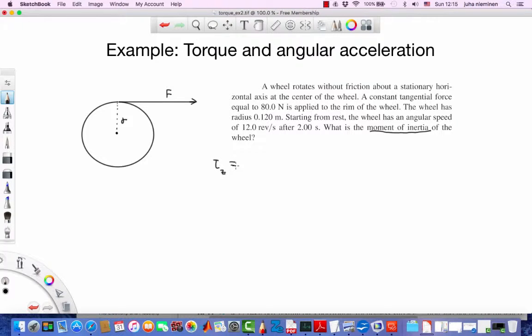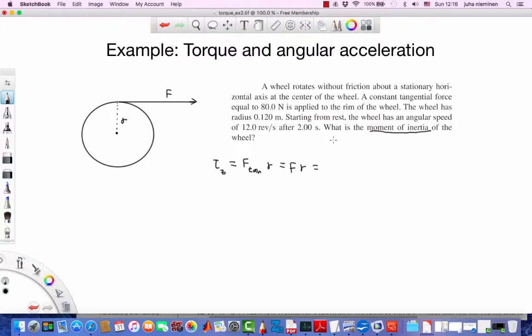And that is, in this case, when the force is completely tangential, F tangential, and then the distance from the line of action to the pivot point, so that's r. And F tangential is just F.